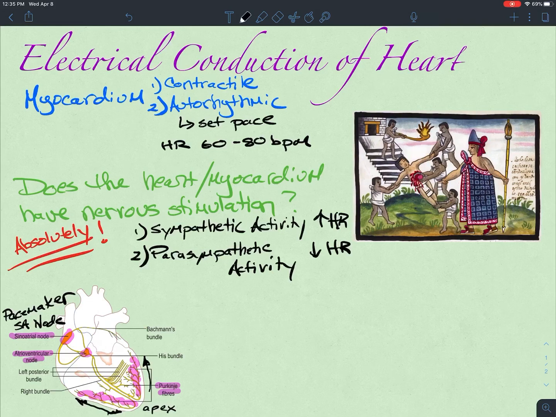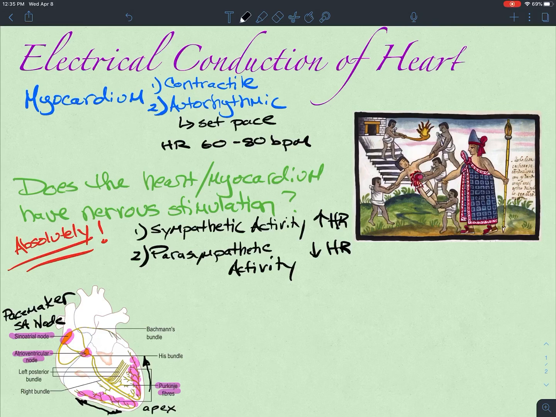Sympathetic activity increases heart rate, parasympathetic activity decreases heart rate, and it does so by modifying the rate of the SA node. So there is nervous stimuli or innervation to the heart. It does not need it, but it does need it if we need the heart rate to speed up or the heart rate to slow down.